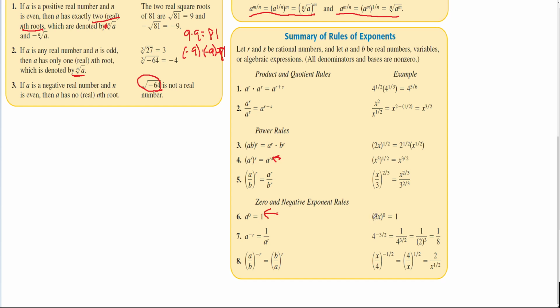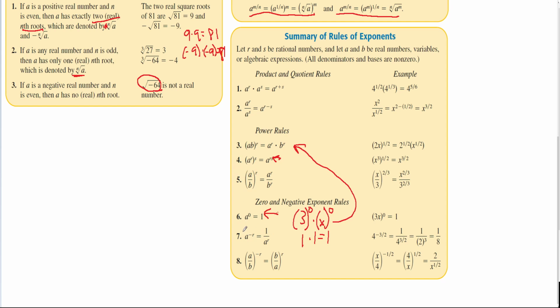And so you can see right here, with this 3x raised to the 0 power, if I can write that here, we would have 3 raised to the 0 power times x raised to the 0 power, okay? And I'm able to do this because I'm using my power rule right here. And so 3 raised to the 0 power is 1, x raised to the 0 power is 1, so 1 times 1 is 1, okay?